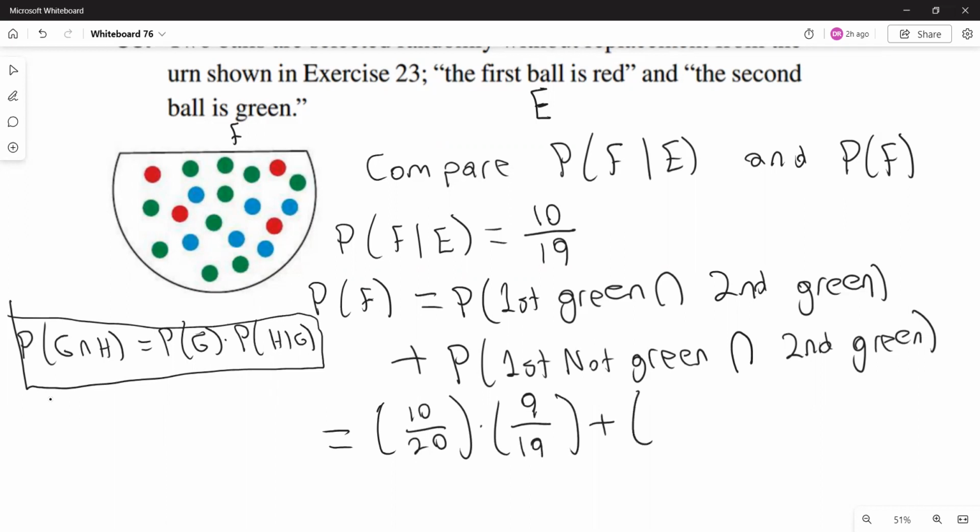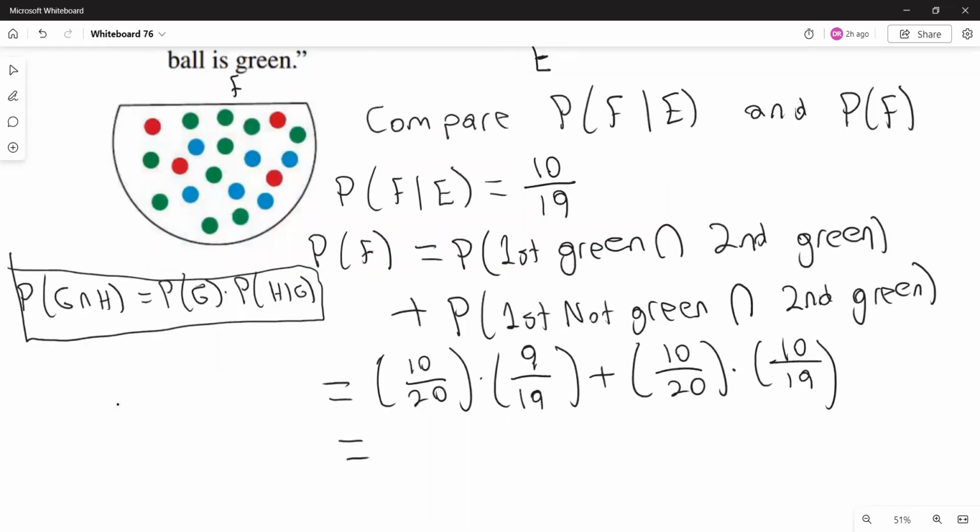Plus the probability that the first one is not green, which is also 10/20, times the probability that the second ball is green, given that the first one is not green. So there are 10 green balls and 19 balls left. This is 1/2.